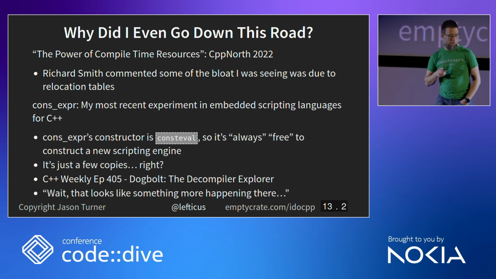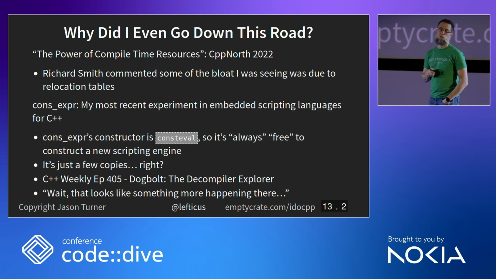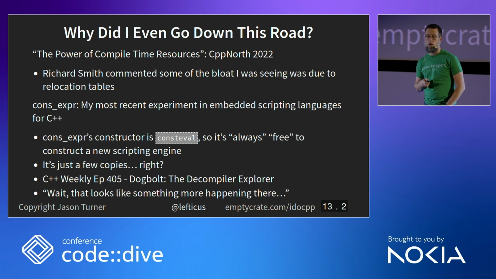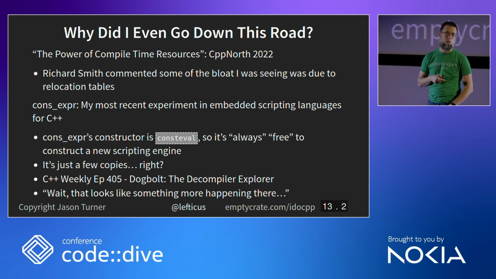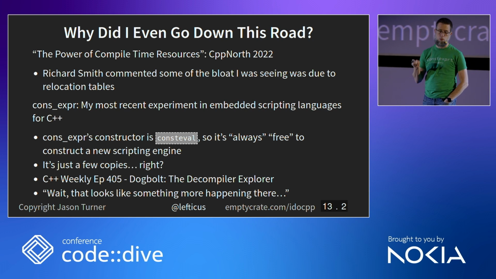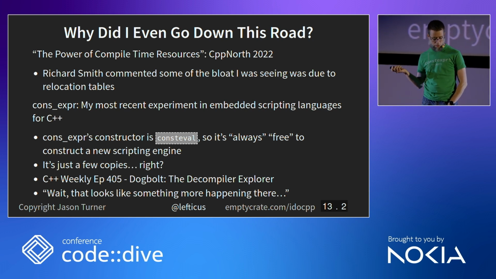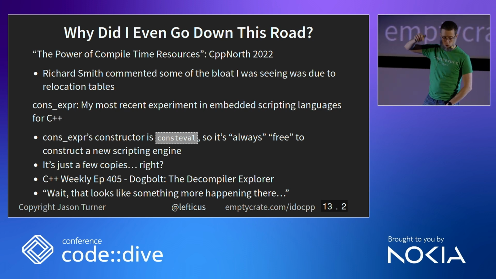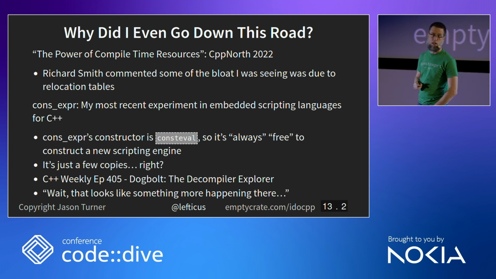And then I was working on constexpr. This is my most recent experiment in scripting, an embedded scripting engine for C++. It is a 100% compile time capable scripting engine. It is 100% constexpr. Its constructor is const eval.